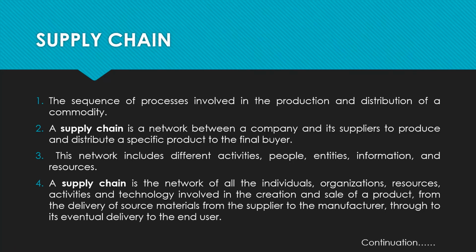Supply chain is the network of all individuals, organizations, resources, activities, technology, and whatever processes and steps you are taking for selling a product or delivering source material from the supplier to the manufacturer. It also acts as a mediator between the company, the supplier and the customer, so that you can produce and distribute specific types of products very easily to the final buyer.